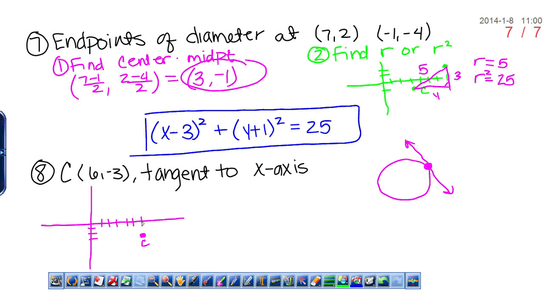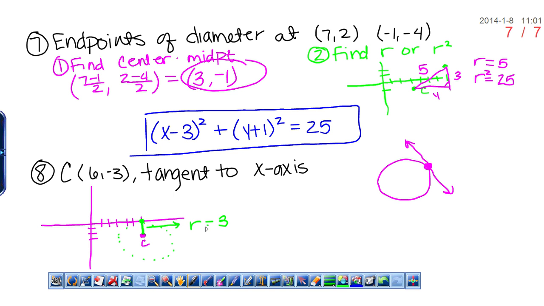On the x-axis, which would end up being at 6, 0. Okay? If I tried to kind of go anywhere else, it would end up giving you 2 points on the x-axis. Okay? So your circle kind of looks like this then. Do y'all see that? So what does that tell me then? Good. That tells me that my radius is 3.